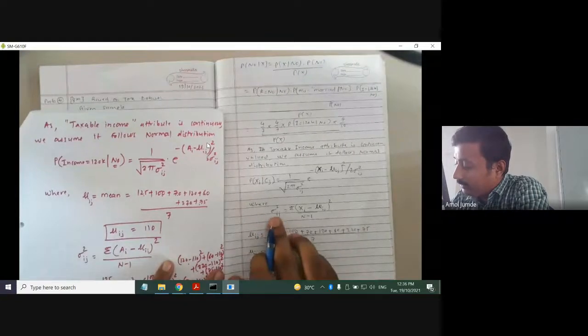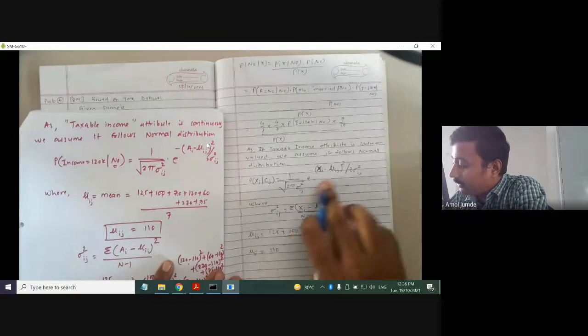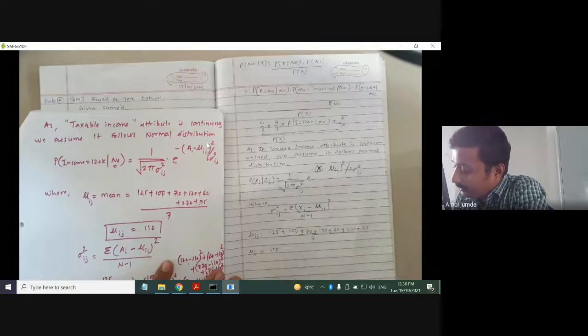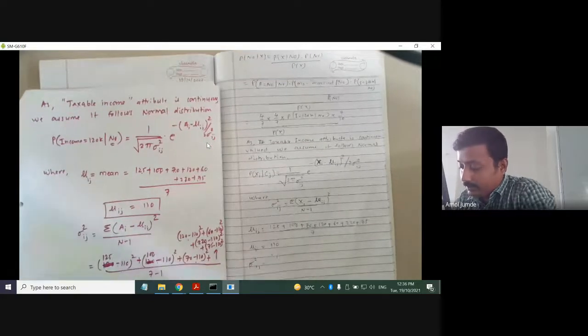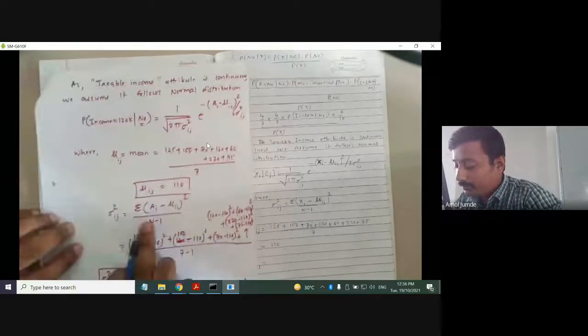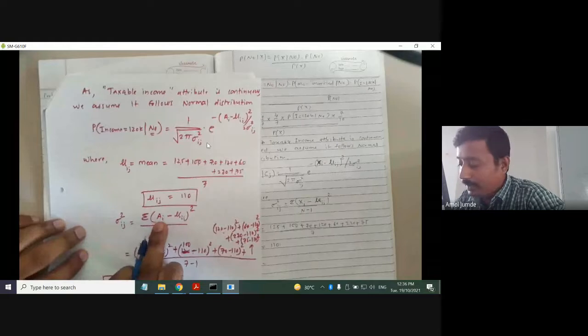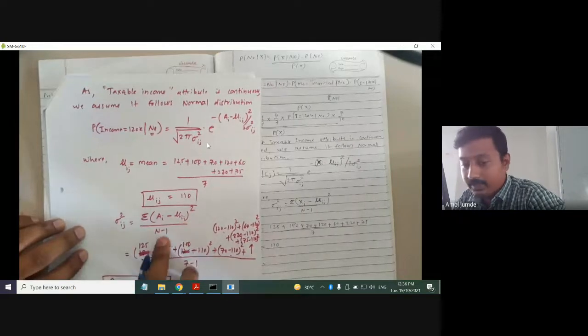Similarly, let us calculate sigma square ij because it is required here. Every value minus the mean, squared, divided by n minus 1.